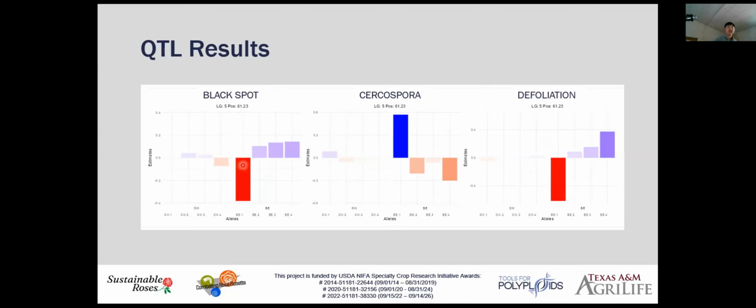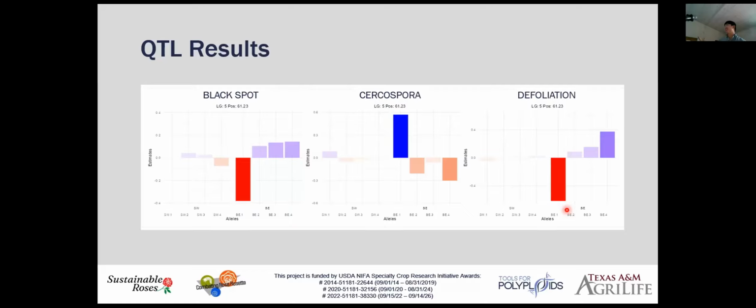That was actually a black spot resistance QTL, a cercospora susceptibility QTL, and a defoliation resistance QTL. And this makes sense because black spot causes defoliation, so they're in the same direction. Now, this gives us, as breeders, a conundrum.